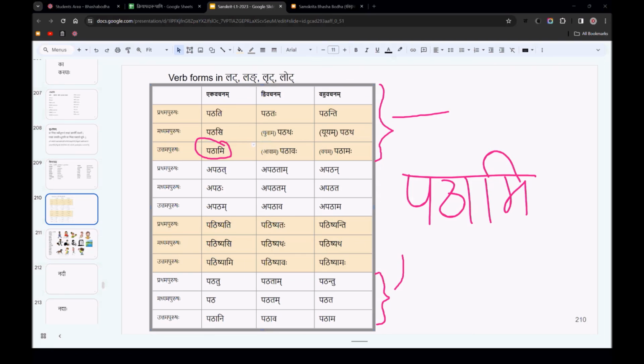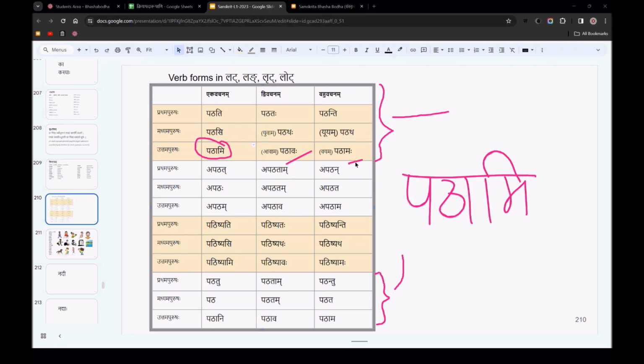Patami means I am reading. Similarly, patavaha can be used only with avam. Avam is optional here. So avam patavaha means we two read. Similarly, if I use patamaha, the only possibility is vayam, which is implied even if I don't say it.